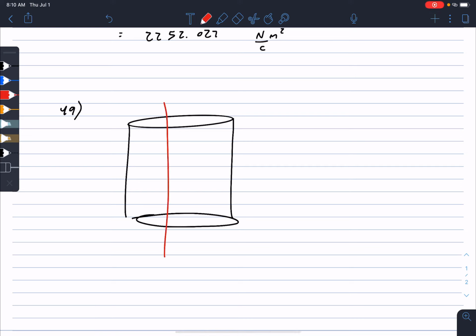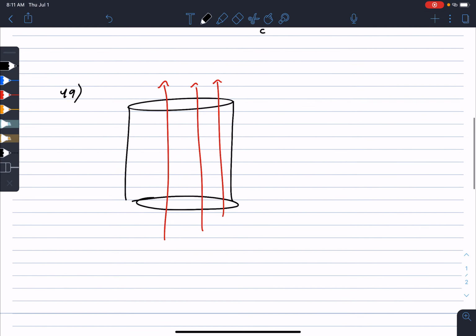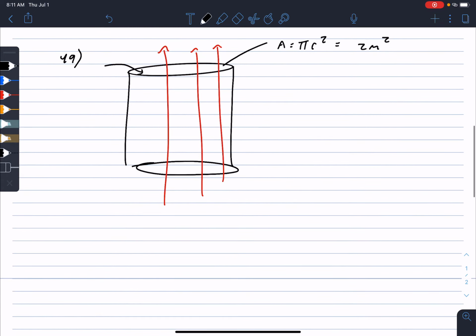So there's an electric flux going this way through the cylinder. Right? So we have area equals pi r squared here. We're actually given the area, the surface area of the disk surface at the top. And we're given the electric field is 3.5 times 10 to the 3 newtons per coulomb.